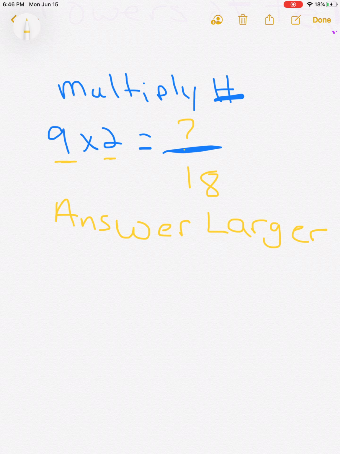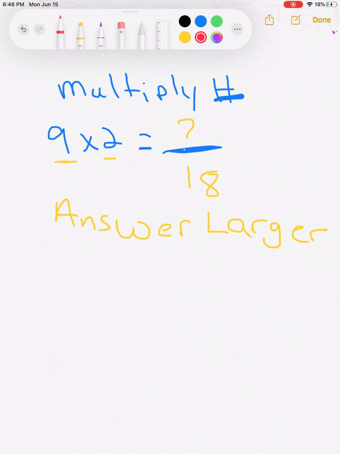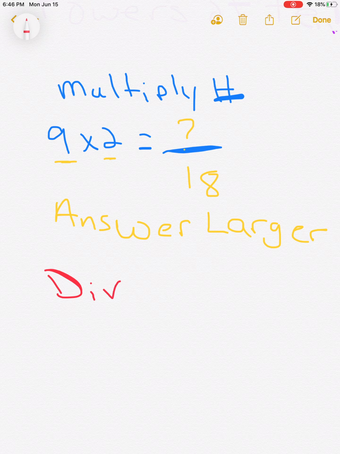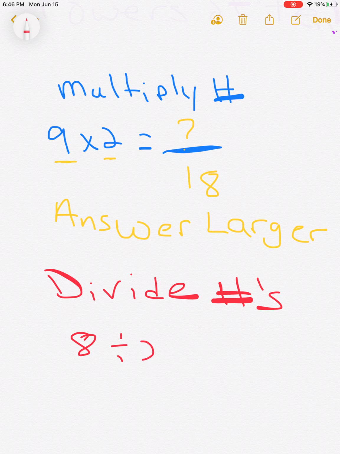Now, what about dividing? When we divide numbers, it's the opposite of multiplying. When you divide numbers, should the answer get larger than what you originally started with, or should it get smaller? Let's try it and see. What if I have 8 divided by 2?